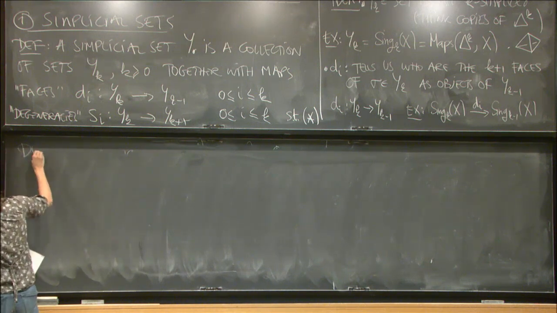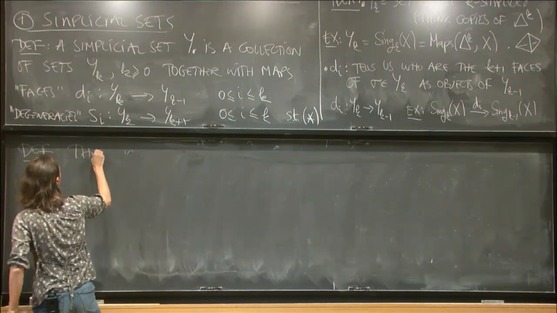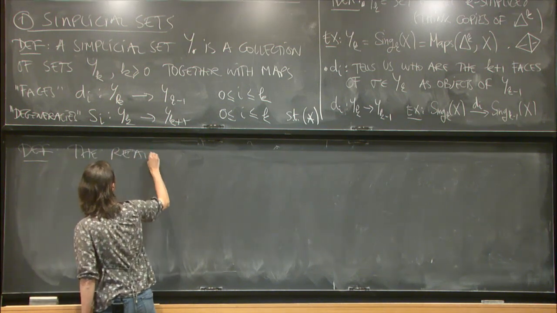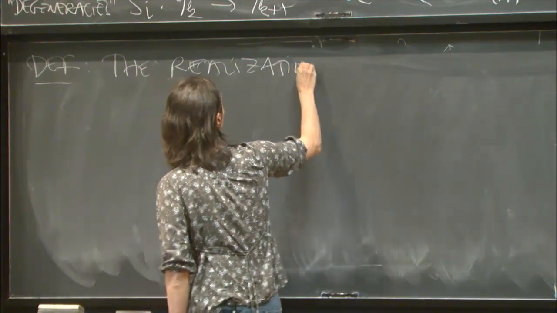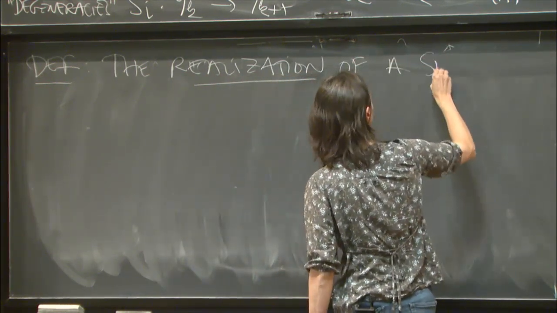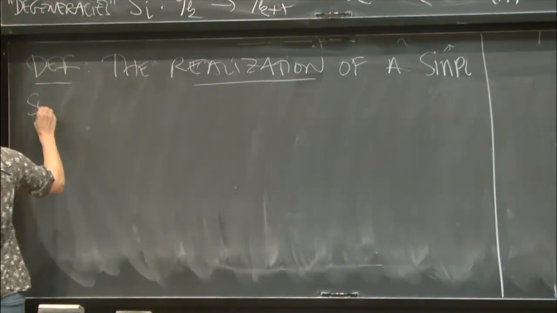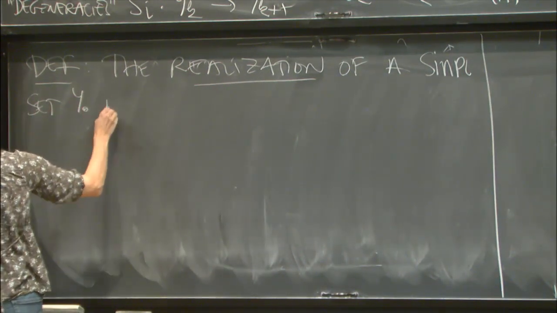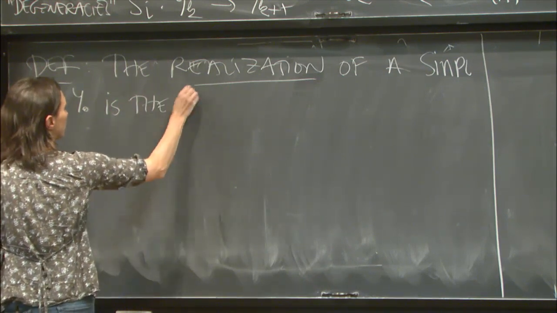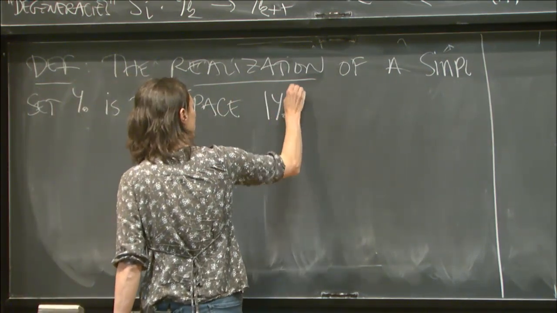So, definition. The realization of a simplicial set Y dot is a space. So it's a topological space, which we usually write like this.